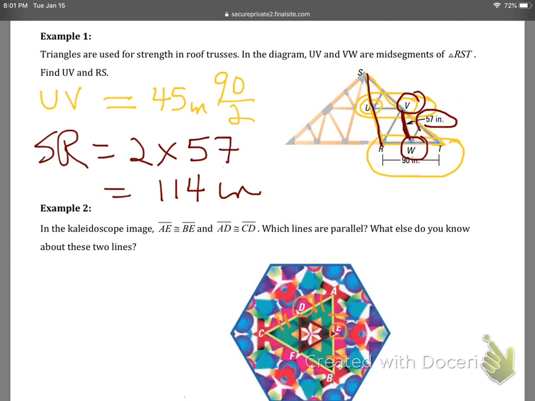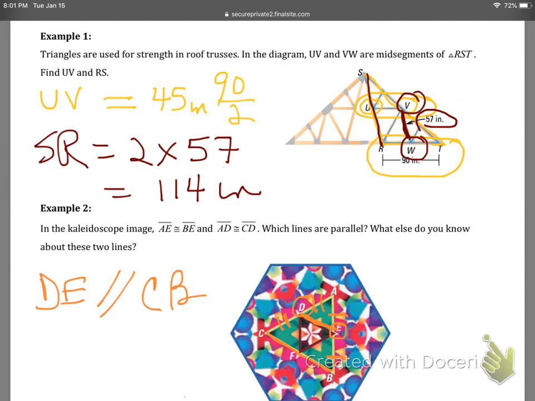Okay, do you see that little segment DE? That's a mid-segment. It is parallel to CB. That's all we know at this point. So which lines are parallel? DE is parallel to CB. What else do we know?